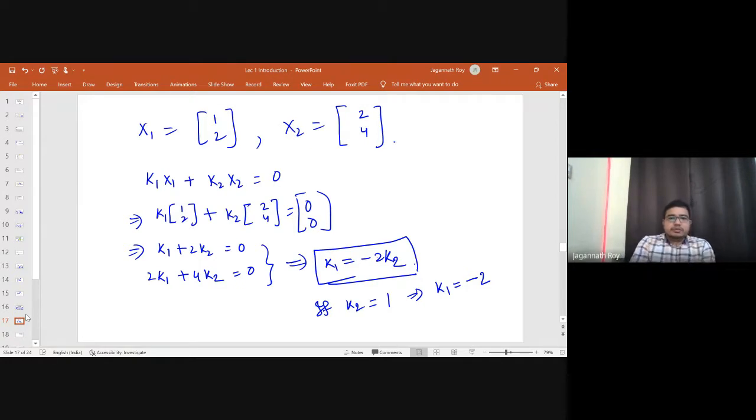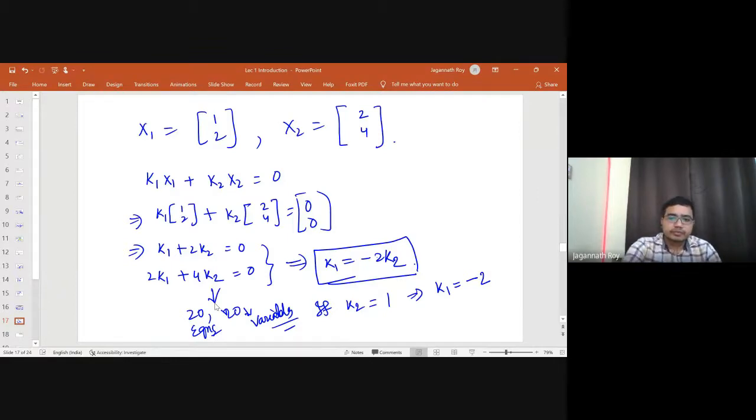Now it becomes very difficult if we have a system of, for example, 20 equations and 20 variables. Then how do we check whether it is dependent or independent?